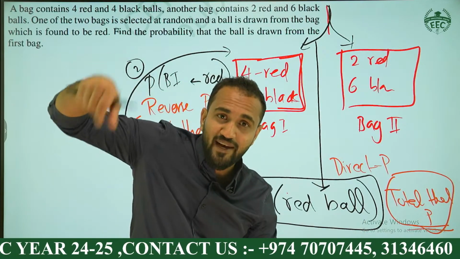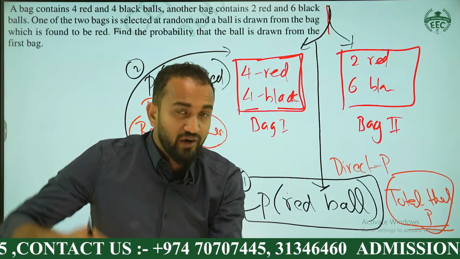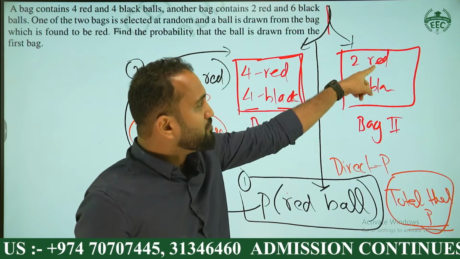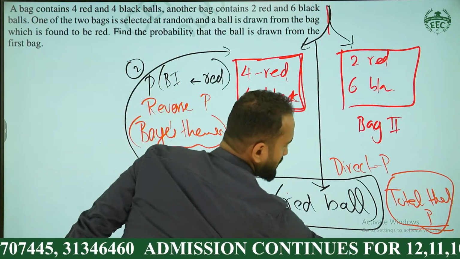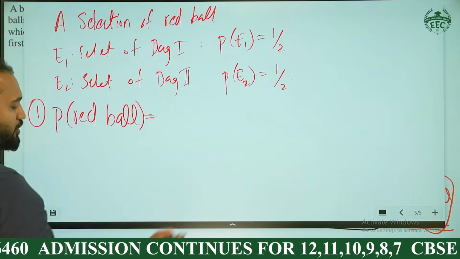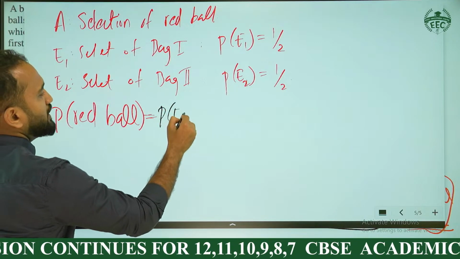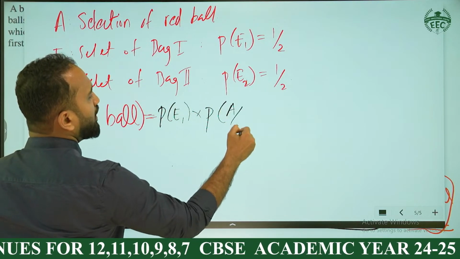So you have to select the first bag and tell me the contribution of the red ball from bag number 1, plus, after that, you have to go for selection of the second bag and tell me the contribution of the second red ball, which is explained by the total theorem on probability, defined as, listen, P of E1, the selection of the first bag, into P of A given E1.